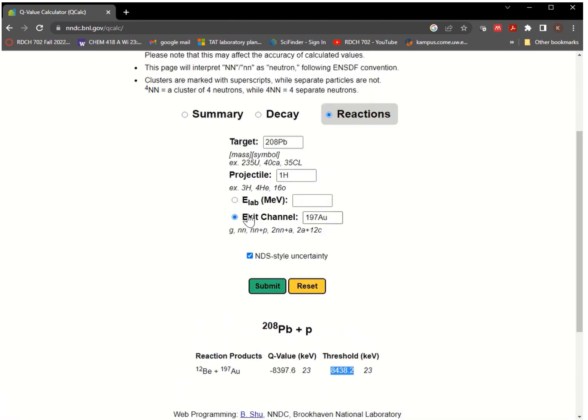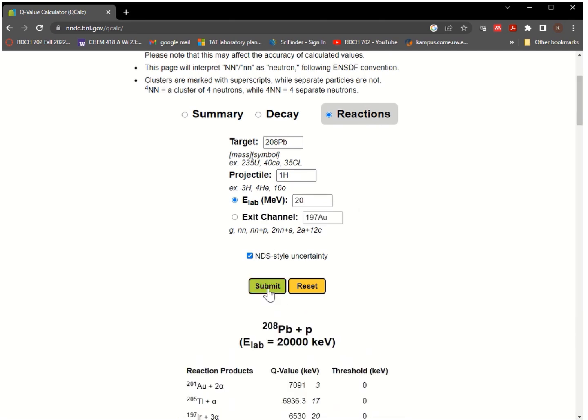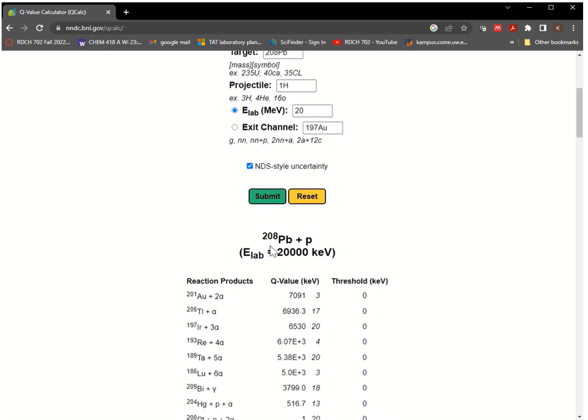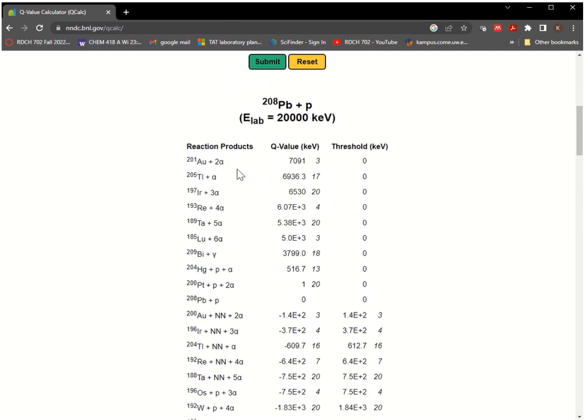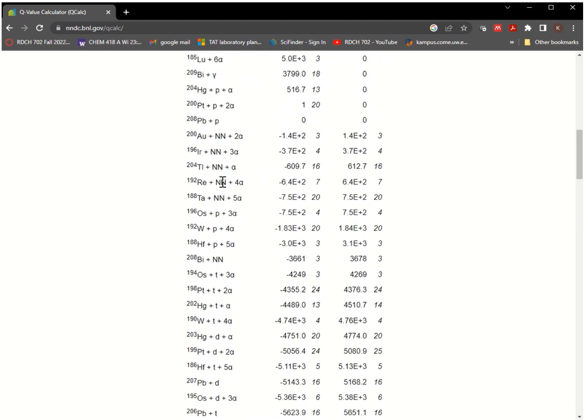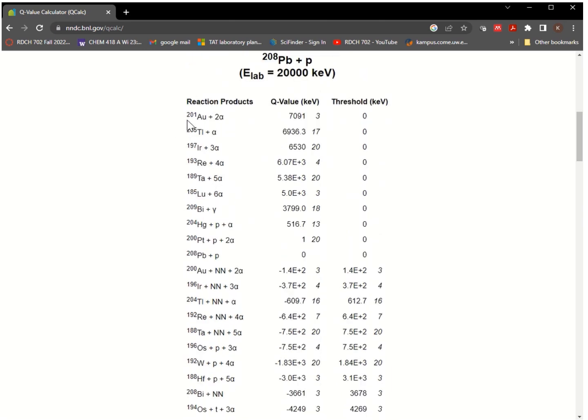Now let's say I did this reaction at a certain energy. What I also want to show is that when you discuss a nuclear reaction, often many different types of reactions occur. So let's say we'll use lead-208 as a target, our proton as a projectile, and we'll use 20 MeV as the proton energy on target. And these are all the different types of reactions that can occur. As you see, there are many types of reactions.